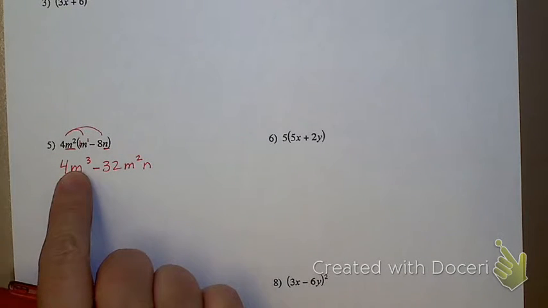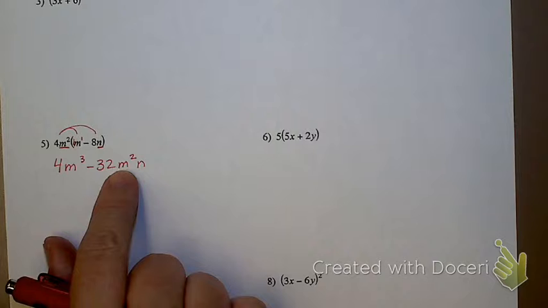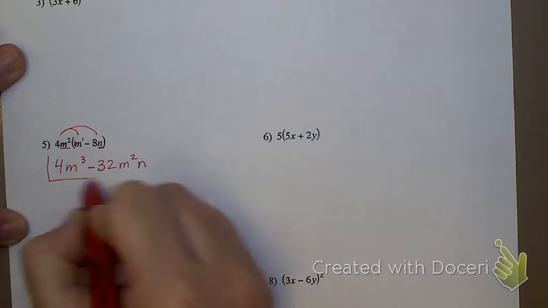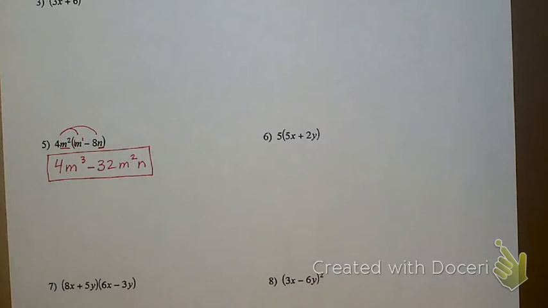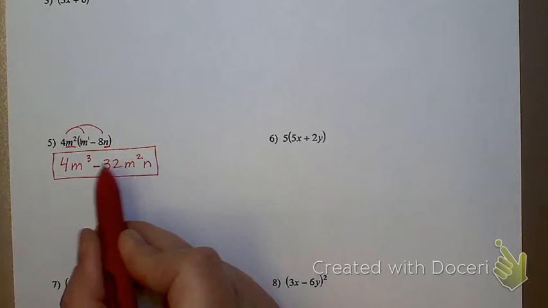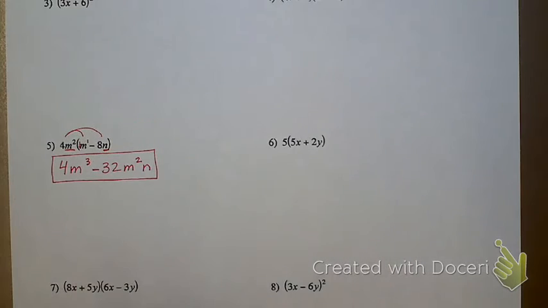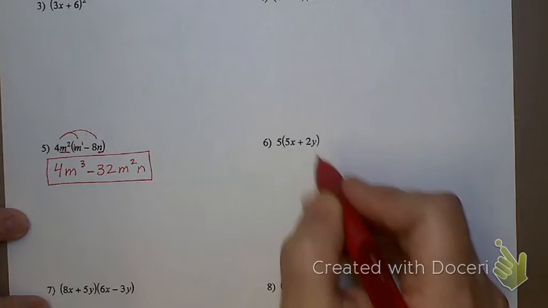So I'm only concerned about the m, the highest exponent on an m coming first, and then the next highest exponent on the m. So this is in standard form. Okay? You look at only the first letter alphabetically. It doesn't matter. That could be an n to the 6th, and even though that exponent is technically higher, since n doesn't come first alphabetically, it does not play a role in putting it in standard form. Okay? And we'll see that and practice it a bit.